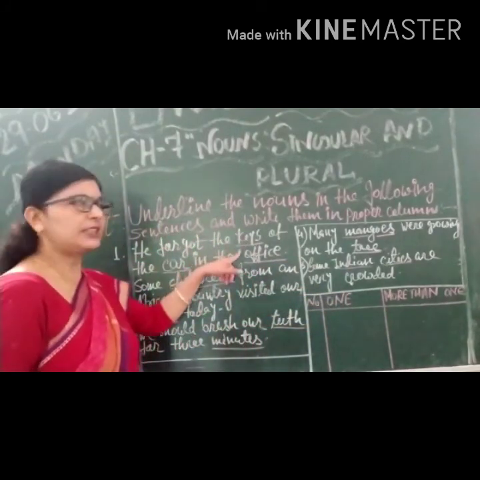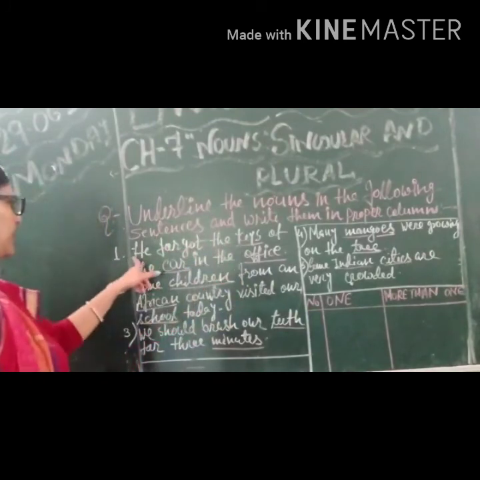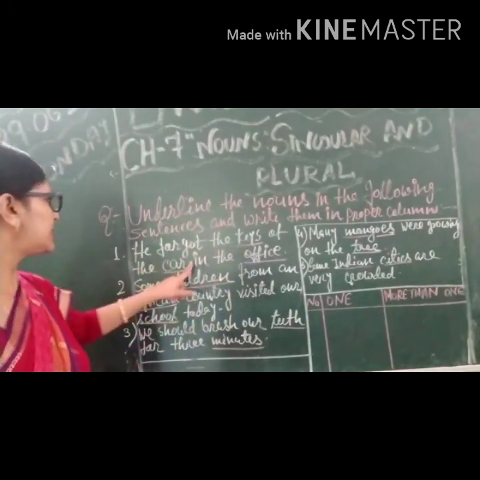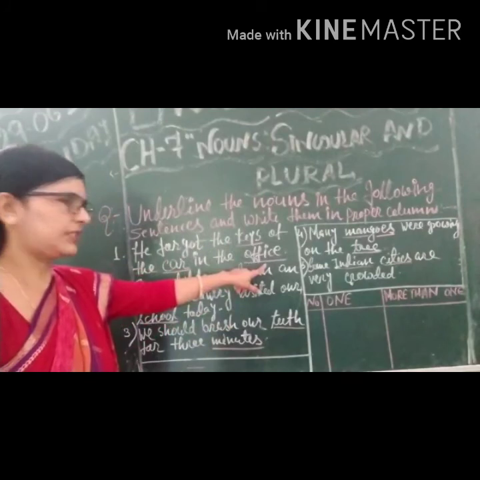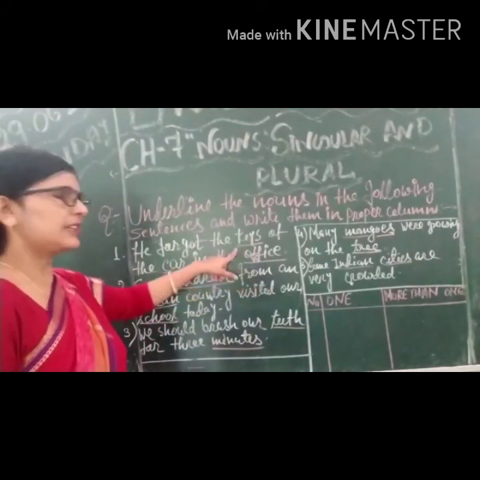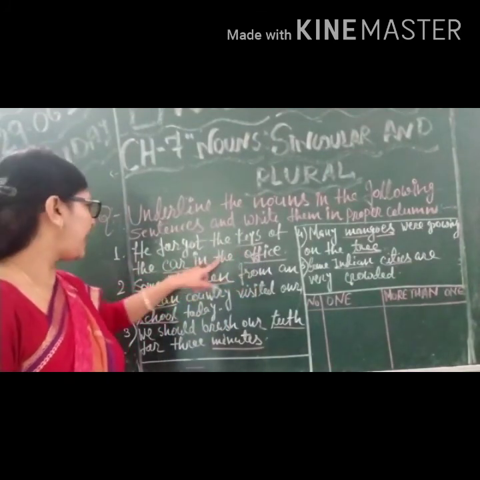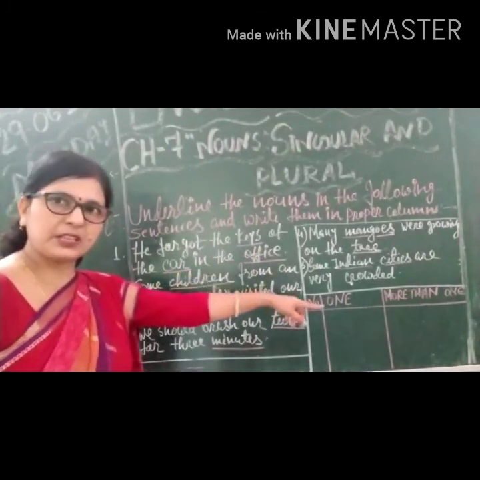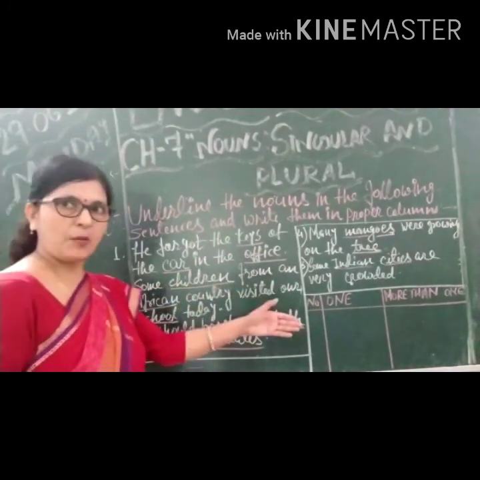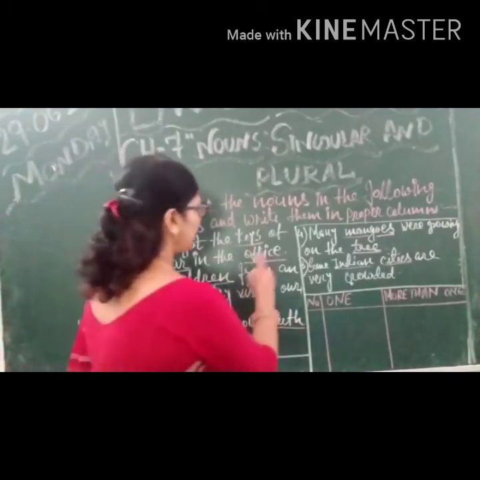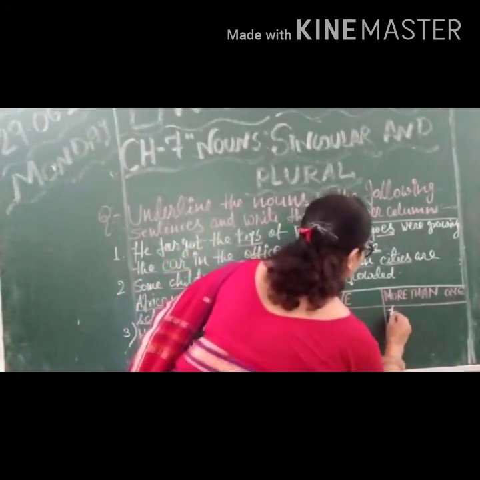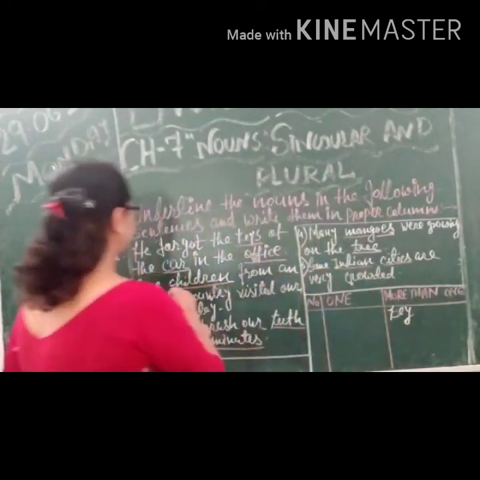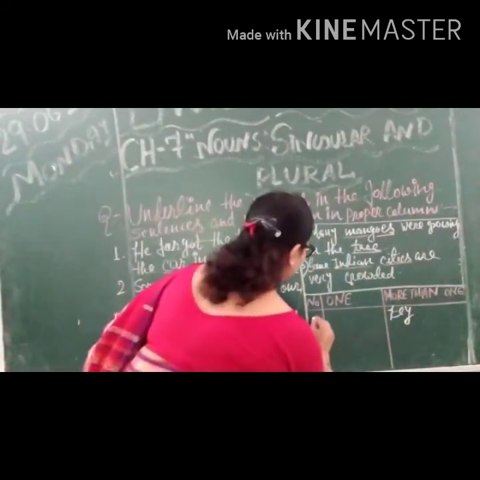So here keys. In question number 1, children, you can see keys, car and office. So keys is known as a plural noun, and car and office are singular nouns. So we must keep them in the proper column. Here children, we should write first car and office.